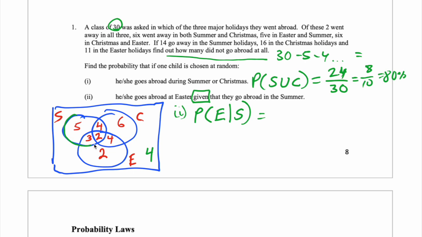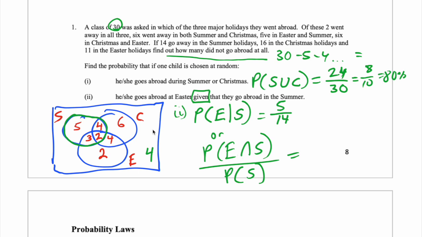This circle right here, we're only looking at people who went away in summer. What's the probability they also went away in Easter? That's 5 out of the total summer people, which is 14. You could also use the conditional probability formula, but for Venn diagrams, it's probably easier to do that. But if you use the formula, you can do the probability of E and S divided by the probability of S.